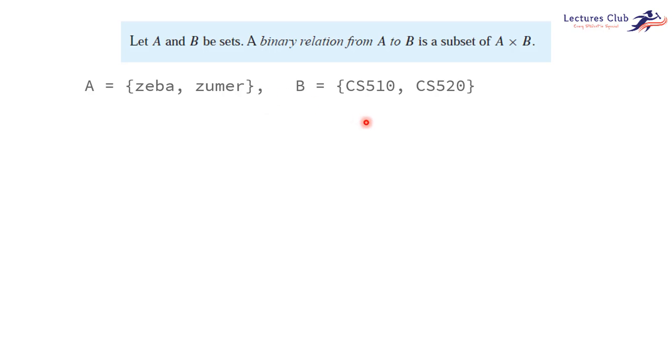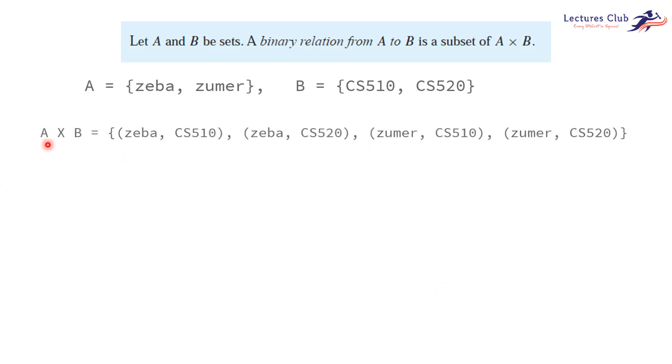If we take the Cartesian product of these two sets, the Cartesian product of A and B is: Zeba can enroll in CS510 and Zeba can also enroll in CS520. Similarly, Zumar can enroll in CS510 and Zumar can enroll in CS520. So these are all the possibilities for Zeba and Zumar to enroll in these two courses.